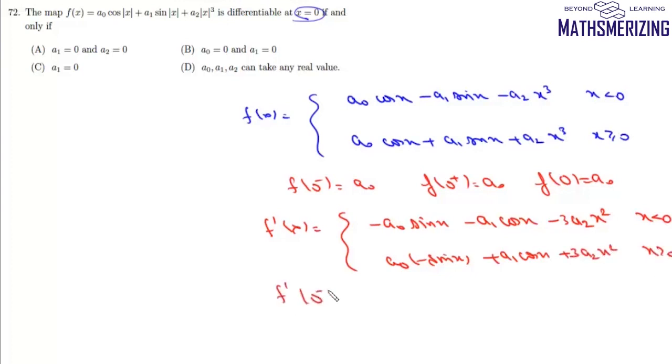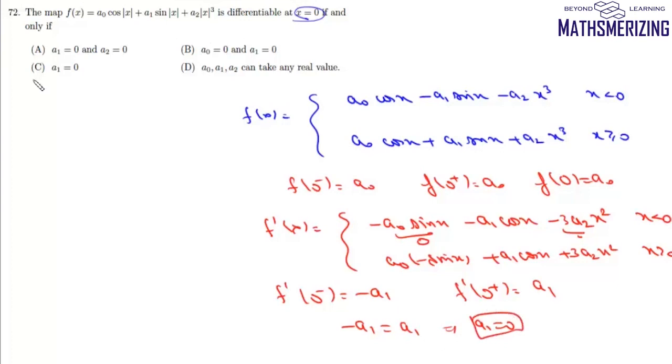Now we'll find f dash 0 negative. This is 0, this is 0, so it will be simply minus a1, and f dash 0 positive will be plus a1. Since this function is differentiable, minus a1 must be equal to a1. So from here we get the value of a1 should be 0. So the answer to this question is, this map will be differentiable if the value of a1 is 0.